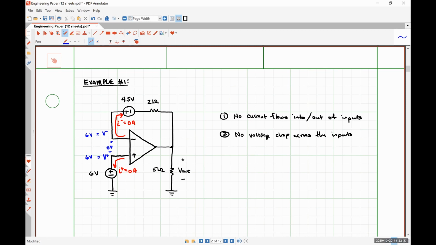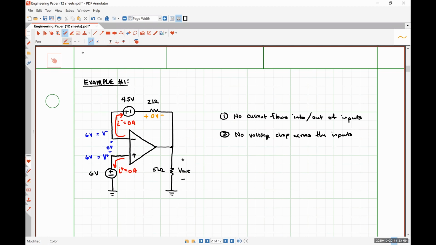So let's see how these two ideal op-amp rules help us determine the output voltage of our circuit. Well, if we look at what's going on with op-amp rule number 1, if no current can flow into or out of the inputs, that means that the current flowing through the 2 kilo ohm resistor must be 0, which implies that the voltage drop over the 2 kilo ohm resistor is 0 volts.